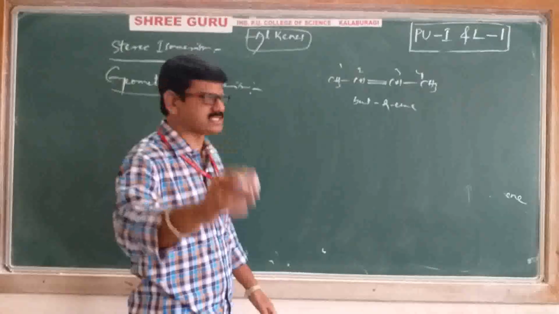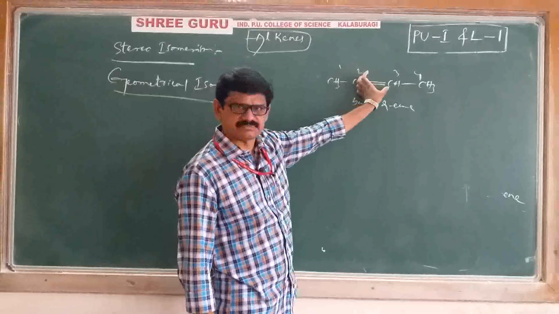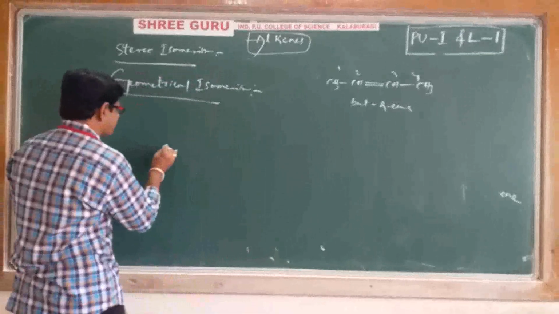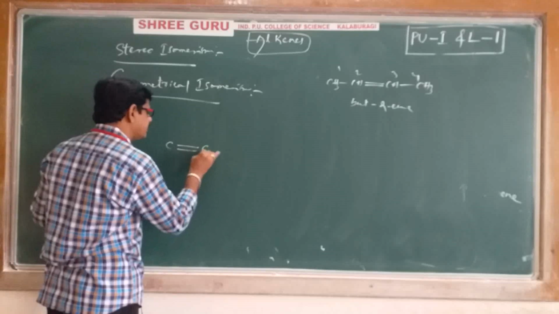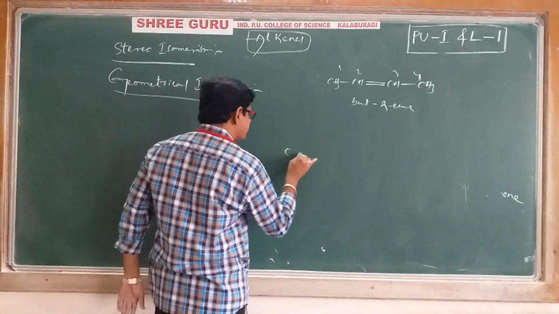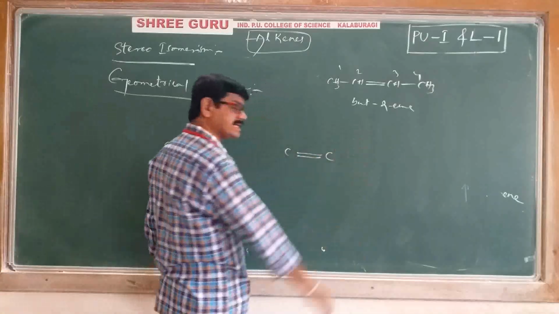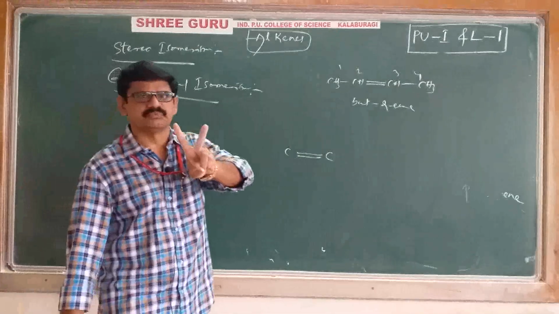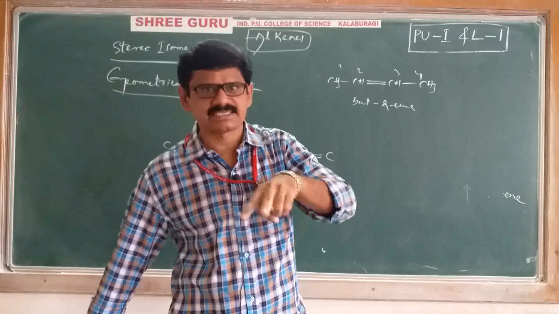For that purpose, we'll do one thing. Where a double bond is there, those double bonded carbons, I'll write here first. Carbon double bond I'll write here in the first structure, and carbon double bond again I am writing in the second structure, because geometrical isomers include two. What are those two? Let's discuss now.